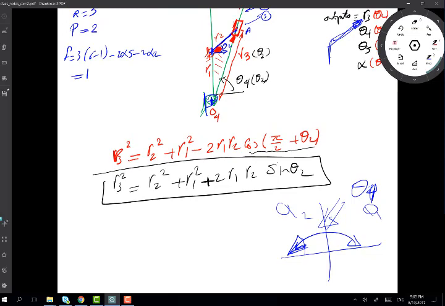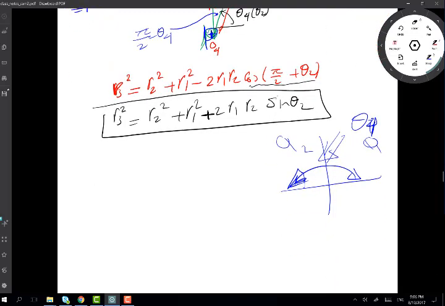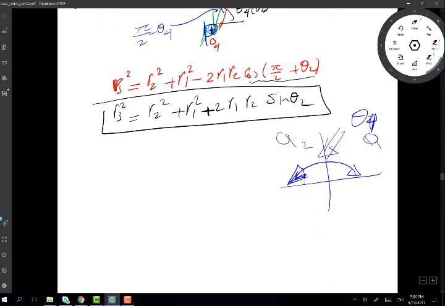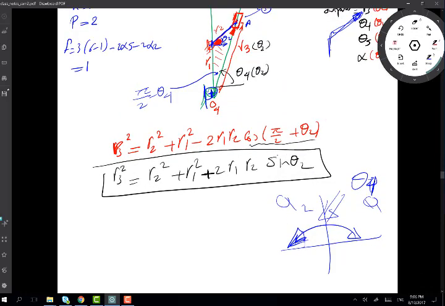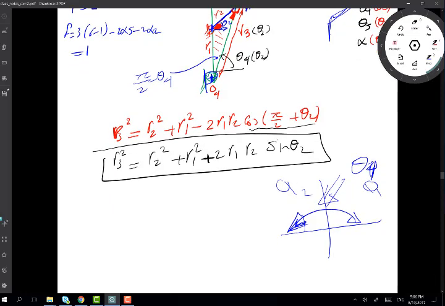So let's find an expression for cosine theta 4. If I take just this angle here inside the triangle, it is equal to pi over 2 minus theta 4, then I can say sine of this angle divided by R2. But for theta 2, I actually want the cosine. This will give me cosine, because sine of this angle here will give me a cosine.